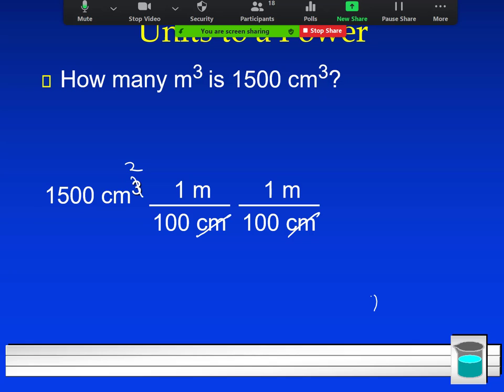That cancels out centimeters here, and now I'm just down to centimeters to the first. So I have to do it one more time. 100 centimeters. That crosses out centimeters, and it gets rid of it completely now. And now I have meters, meters, and meters on the top, so that's going to be meters cubed.